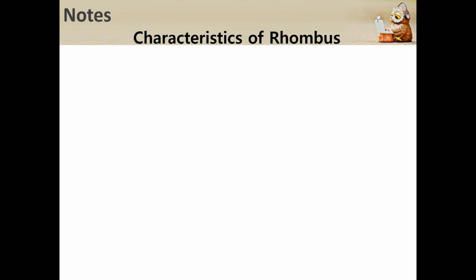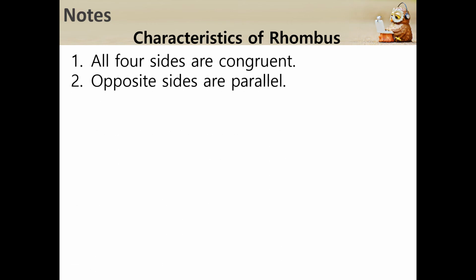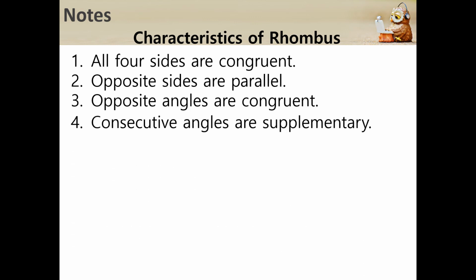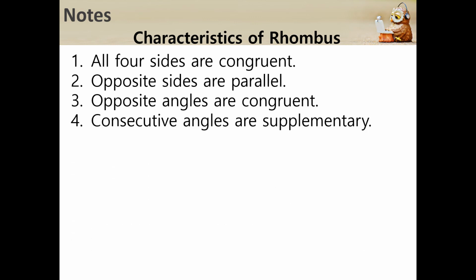On the other hand, the following are the characteristics of a rhombus. Number 1, all four sides are congruent. Number 2, opposite sides are parallel. Number 3, opposite angles are congruent. Number 4, consecutive angles are supplementary.